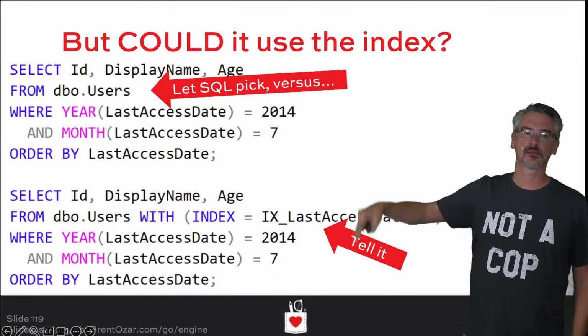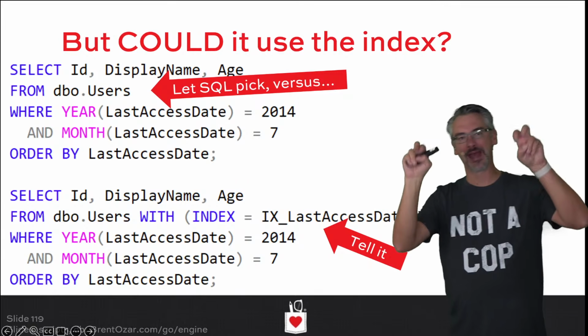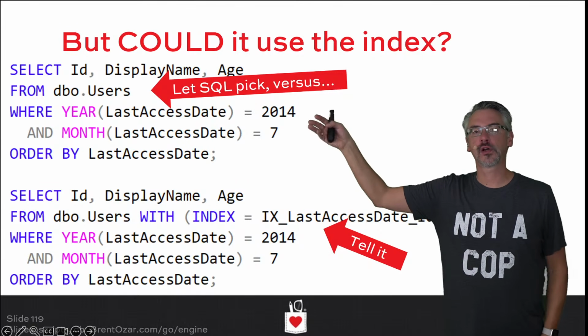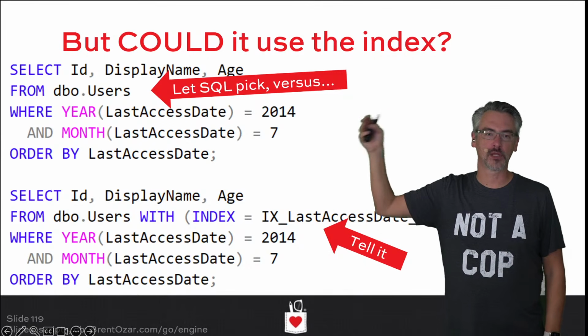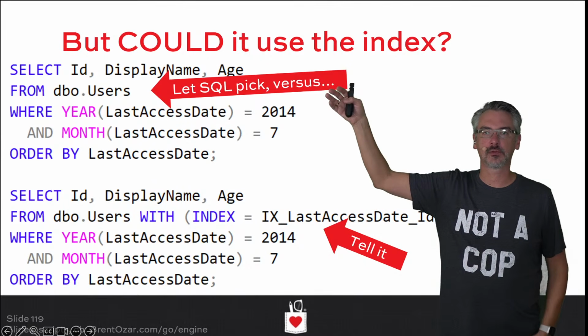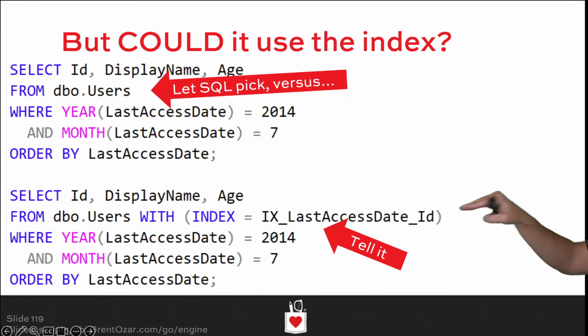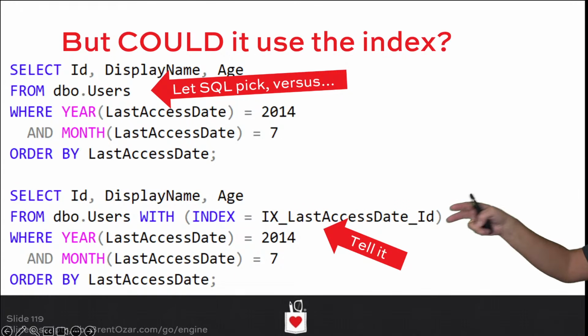So what I'm doing here is I'm taking that same query, the bad query both times. I'm taking the one that was written to use functions to say, show me the year and month. First one, I'm letting SQL Server pick. On the second one, I'm giving SQL Server that hint, just like my spouse does, saying, hey, wouldn't it be cool if you used that index over there?